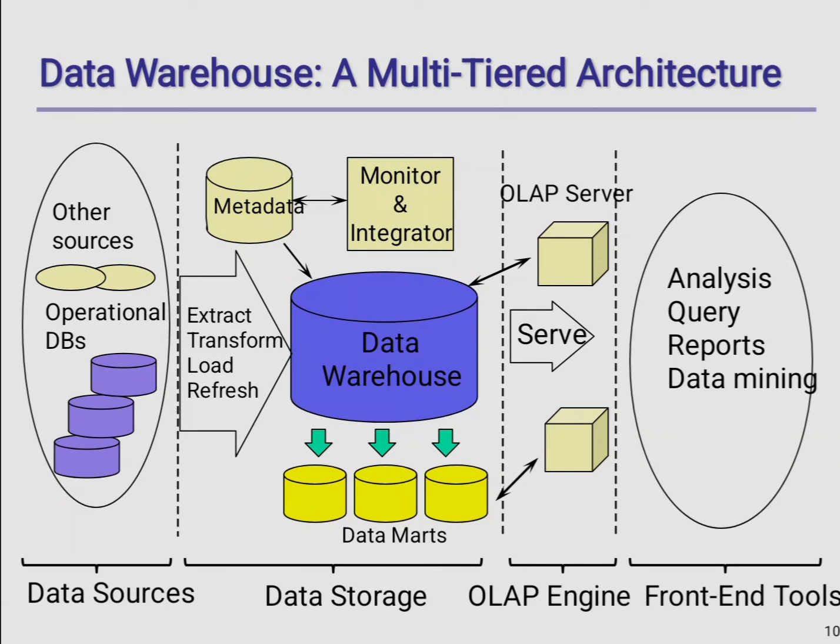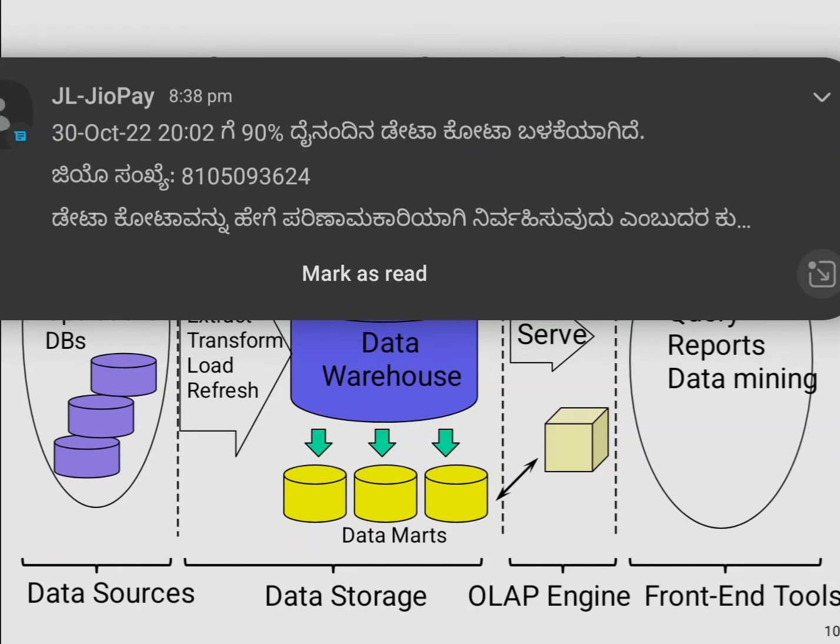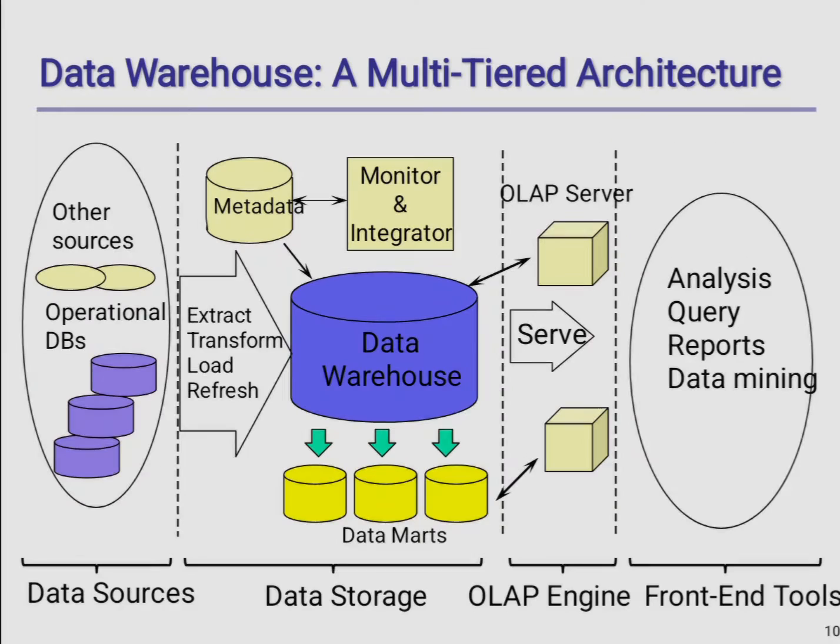Data marts are like a subset of a superset. If you have a subset, it is easy to gather the information. For example, if you want data related to movies, you have a data mart for movies. If you want data related to climate, you have a separate data mart for climate. For online sales, a different data mart will be there.